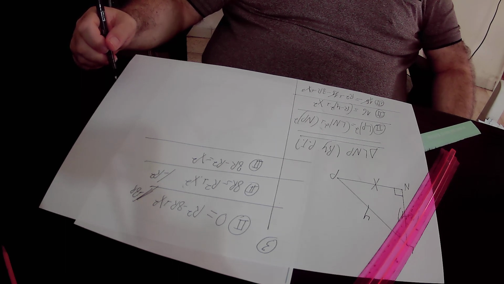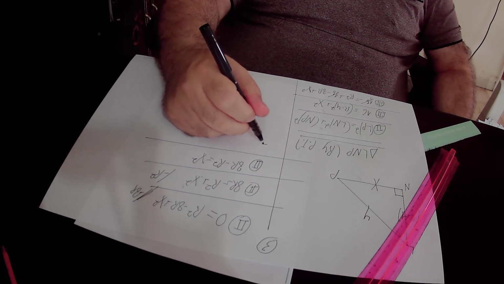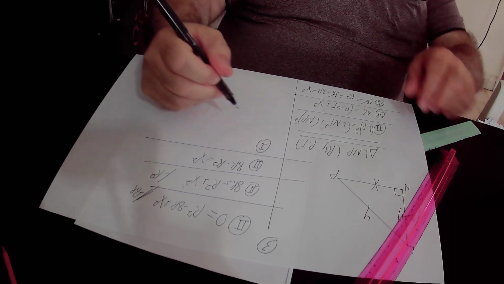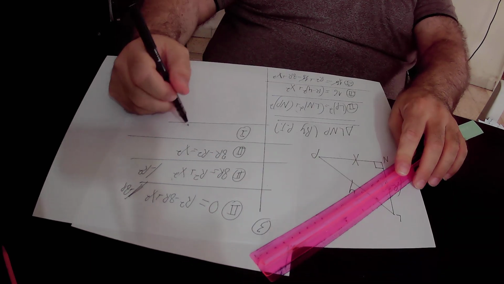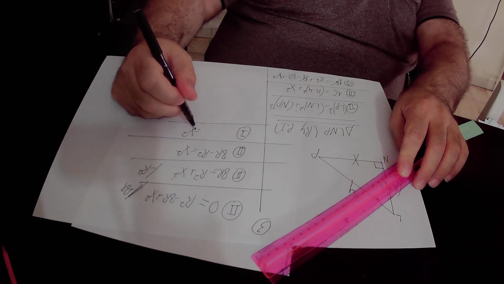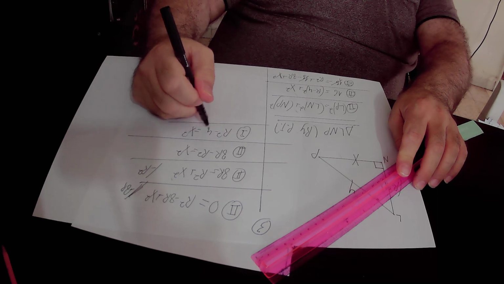Okay, so according to equation number 2, x squared equals 8R minus R squared, while according to equation number 1, we have already found out that x squared equals R squared minus 4R.